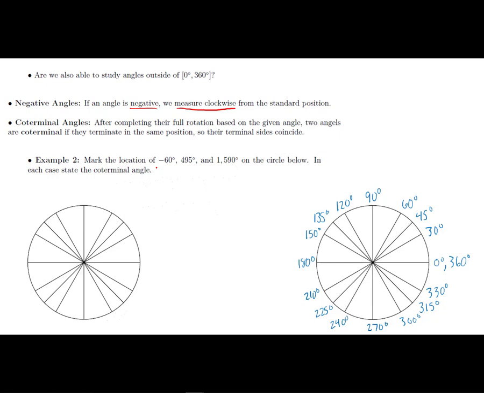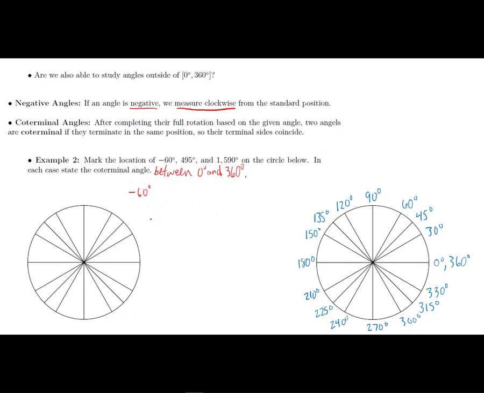State the coterminal angle that is between 0 degrees and 360 degrees. All right, because there's many coterminal angles within a given angle, so we want the one specifically between 0 and 360.